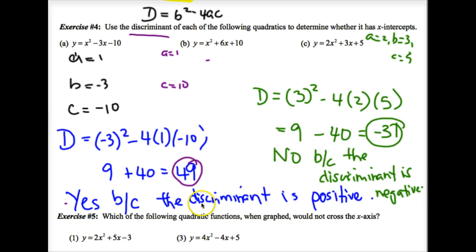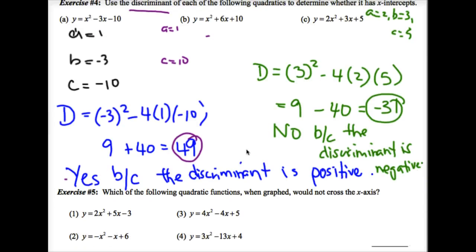So again, recap, when the discriminant is positive, it will have an x-intercept. When the discriminant is negative, it will not have an x-intercept.